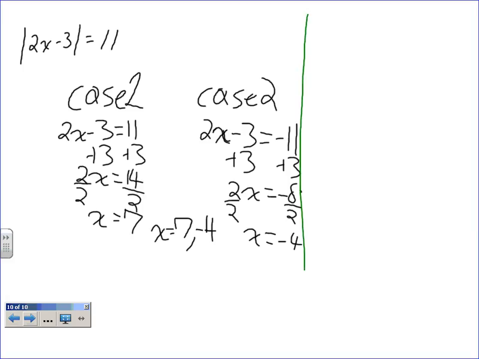And I'm going to give you one more example because I see some problems like this.